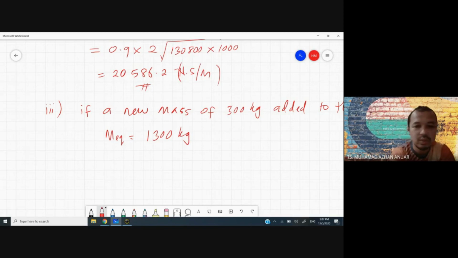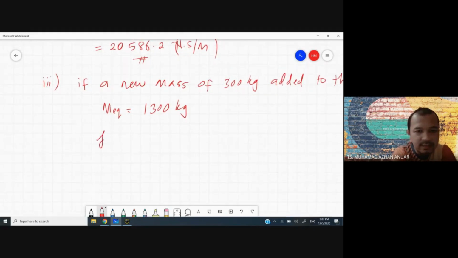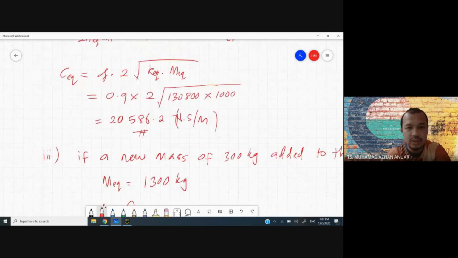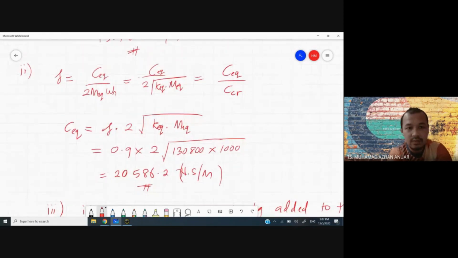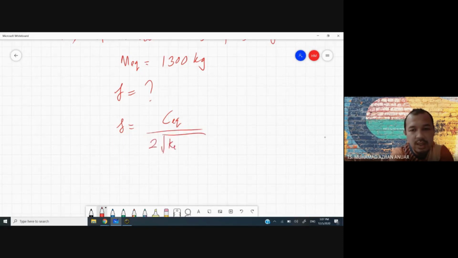So the question asks you to determine the new zeta value. From this equation, we can use either one, so let's use the second one. We know that zeta is equal to C equivalent divided by 2 third K equivalent dot M equivalent.